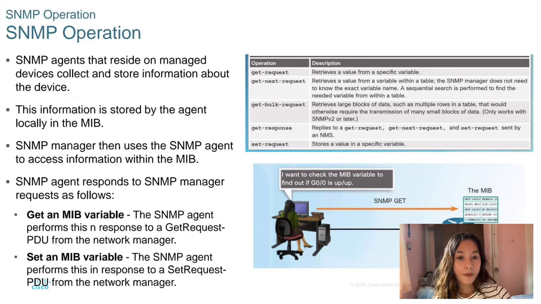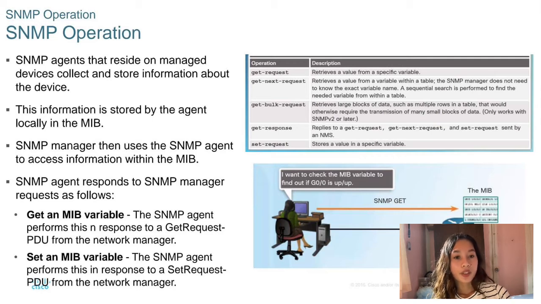So these are the operations. Get request retrieves a value from a specific variable. Get next request retrieves a value from a variable within a table. The SNMP manager does not need to know the exact variable name. A sequential search is performed to find the needed variable from within a table.